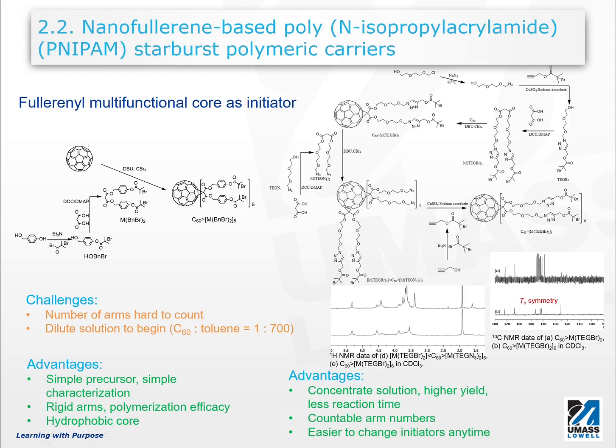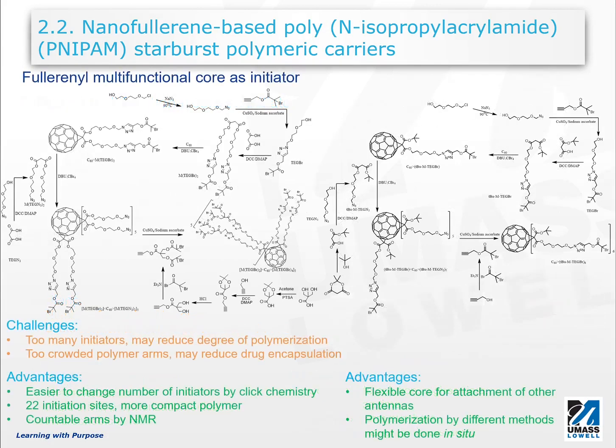Another advantage of this type of molecule is that it's very easy to change the initiator anytime. This time we clicked this initiator on the other group. We can also click another type of initiator on the other group to give them the ability to do other types of polymerization. As an example, the third structure we designed is this structure.